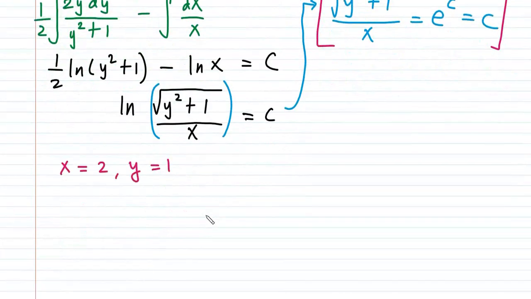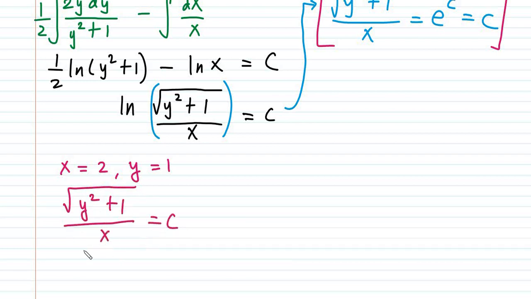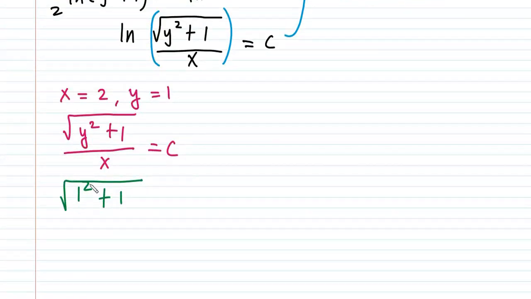So let's substitute that to our general solution. So we have the square root of y squared plus 1 over x is equal to c. Okay? So we have 1 squared plus 1, the square root of that, divided by 2 is equal to c.